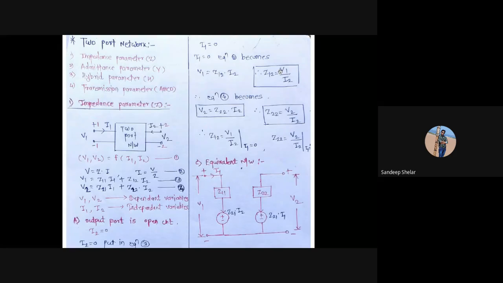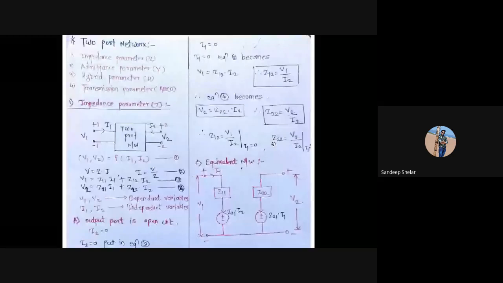Putting I1 equal to 0 in equation number 4, V2 equals Z22 into I2, so Z22 equals V2 upon I2.